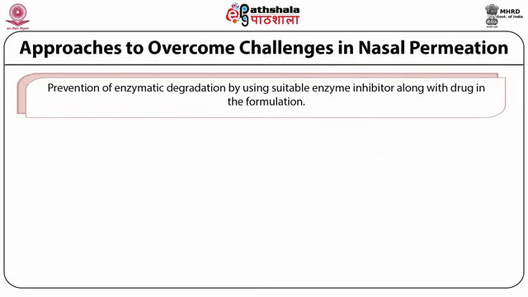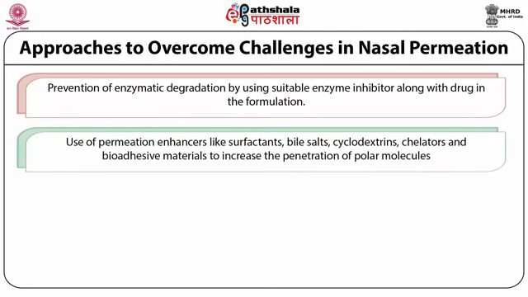Prevention of enzymatic degradation by using suitable enzyme inhibitors along with the drug in the formulation is another approach to improve nasal permeation. Use of permeation enhancers like surfactants, bile salts, cyclodextrins, chelators, and bioadhesive materials to increase the penetration of polar molecules is also an important parameter to improve the permeation of high molecular weight proteins and peptides.